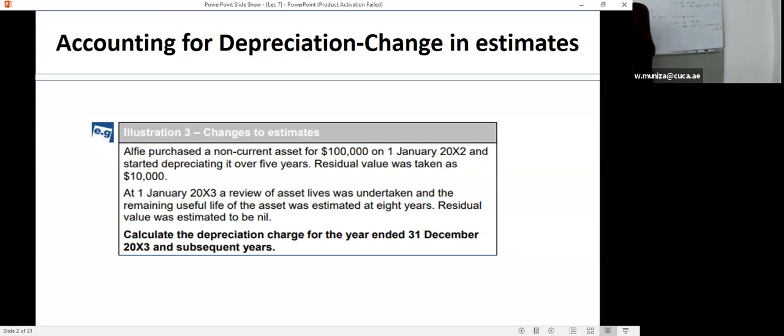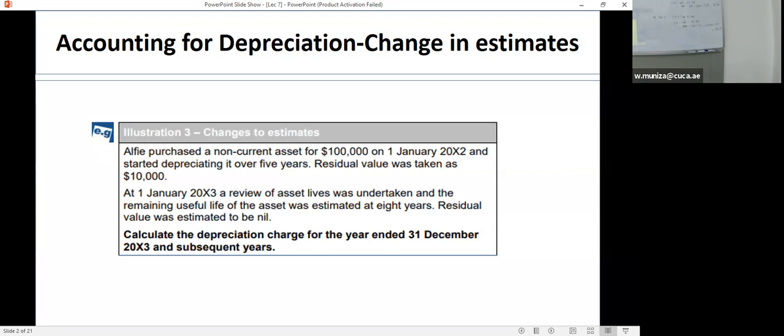Okay. So the cost of the asset is 100,000, the estimated useful life of the asset is 5 years, and residual value is 10,000. This is the estimate as of January 2002. So when we reach 31st December 2002, what accounting entry is going to be passed for depreciation? Debit, depreciation expense account.